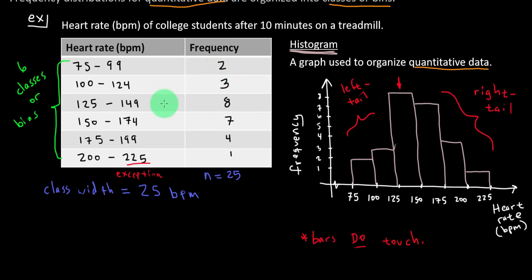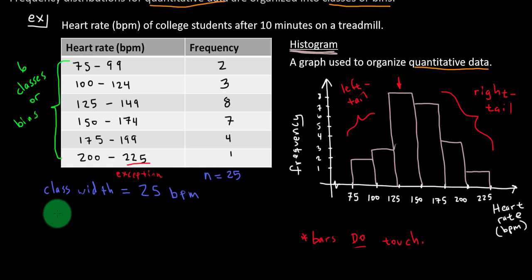Both the frequency distribution table and the histogram summarize and organize a lot of information of raw data. The raw data would be the 25 possibly unique heart rates that were all measured. Right?